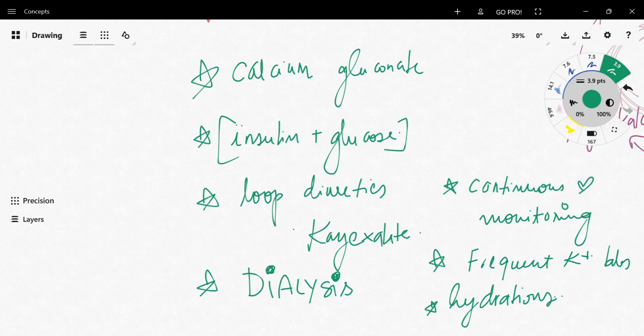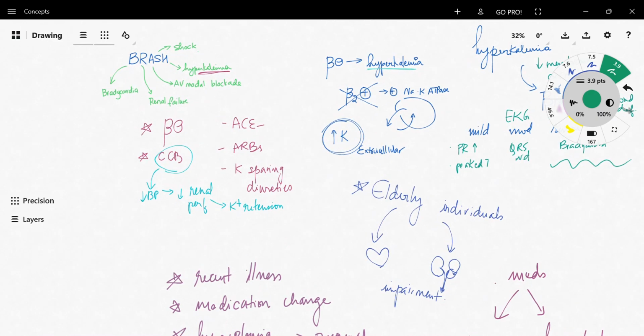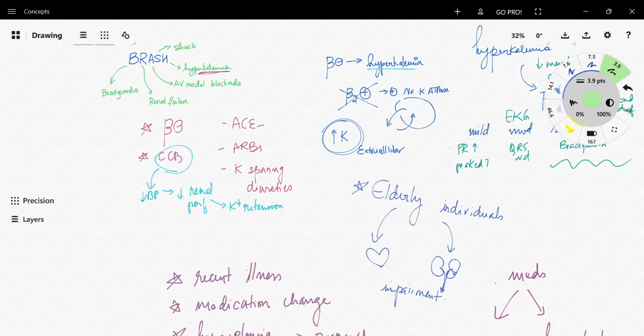Yeah, so that is pretty much your overview of BRASH syndrome. Let's just go over it real quick. This is what the abbreviation stands for.